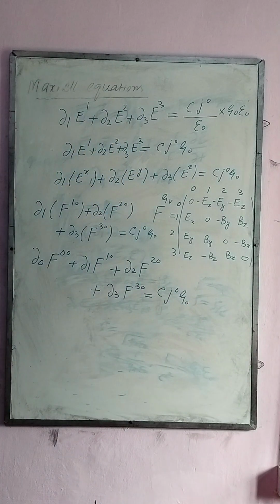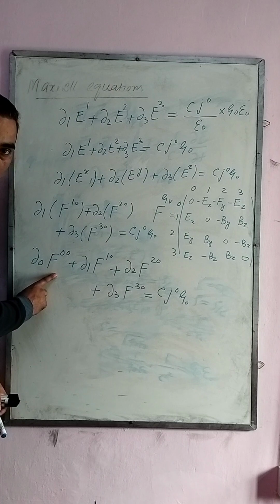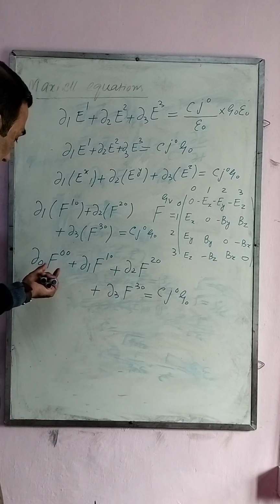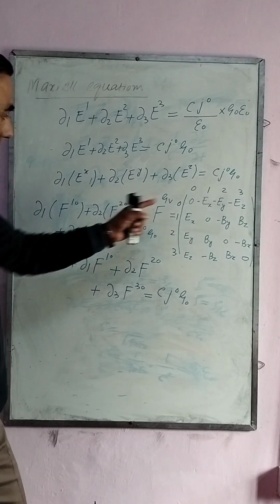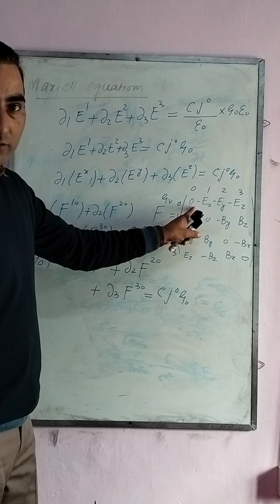Is it okay? Right. So this is what I have done here. I'm basically introducing this term, partial 0 F00, and the rest is same. I'm adding this term because our F00 is this term, so this will be equal to 0.